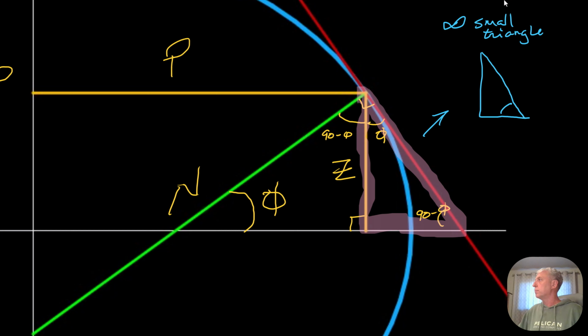Then this is still 90 minus phi, and this is our dz, and this is our dp on the base.